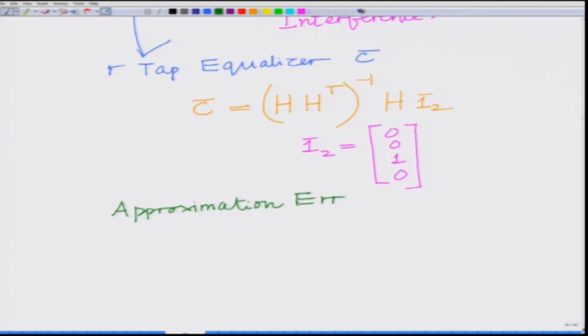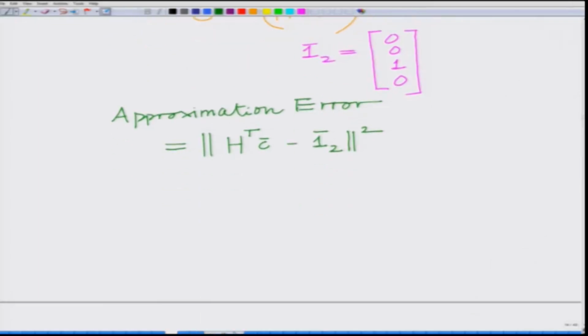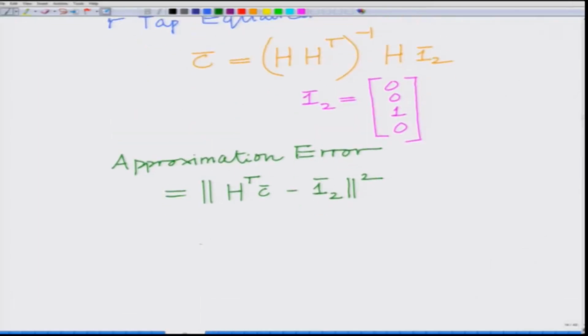The approximation error, which is equal to norm of H transpose C bar minus your vector 1 bar 2 whole square, and here we have substituted the expression for C bar.